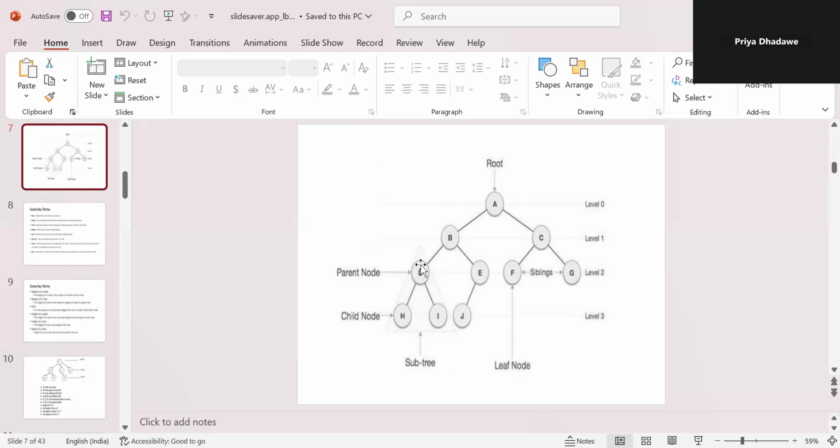It is one node away from the leaf node. The height of B is 2. The height of the root node, that is A, is 3. So the height of a tree is the height of the root node. So over here, the height of the tree is 3.